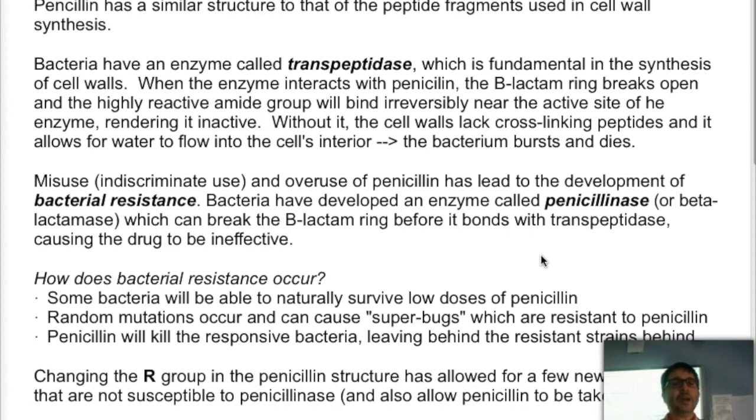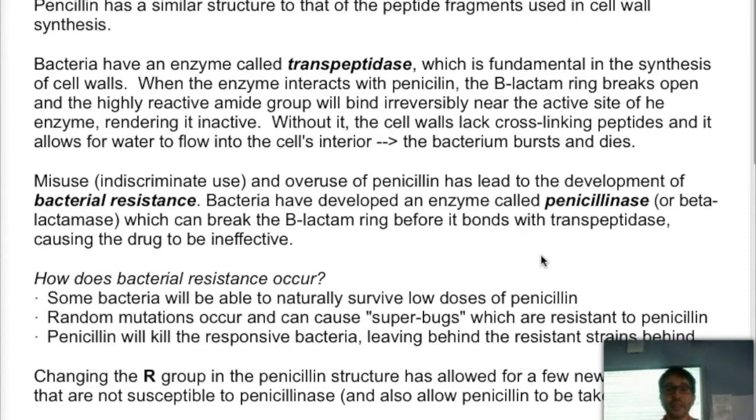But because the structure of penicillin so much resembles some of the amino acids, penicillin will react with the transpeptidase. The beta-lactam ring, which is very stressed, will open up and bind to the enzyme, inactivating the enzyme. So the bacteria no longer can form cell walls, and when the bacteria cannot form the cell wall, water flows in. It causes lysis because the cell membrane will actually burst.